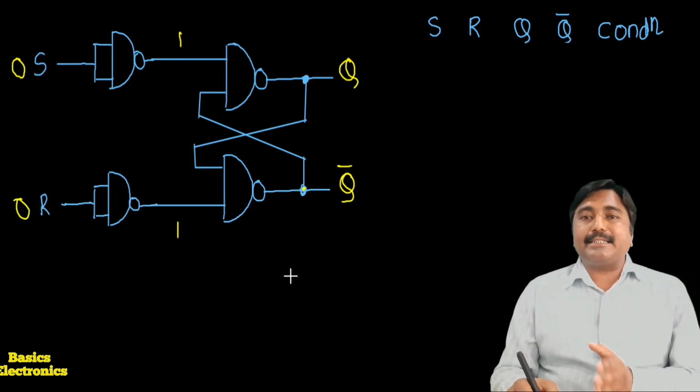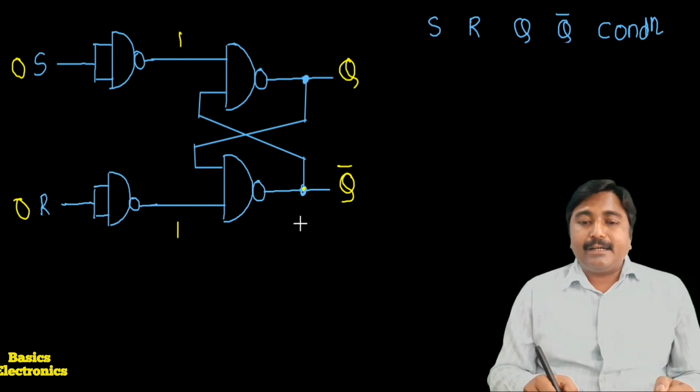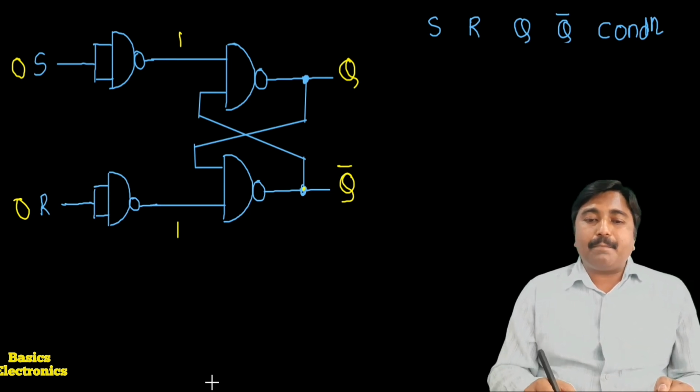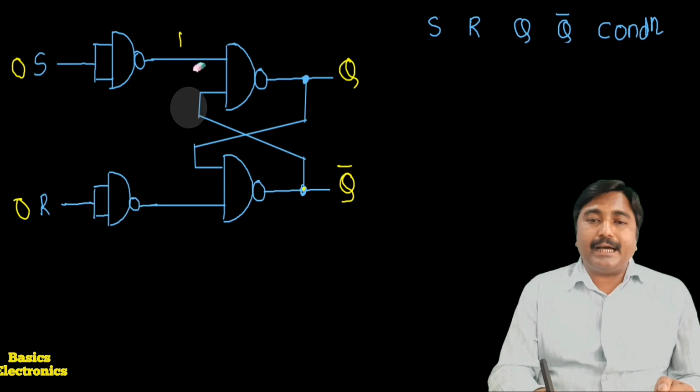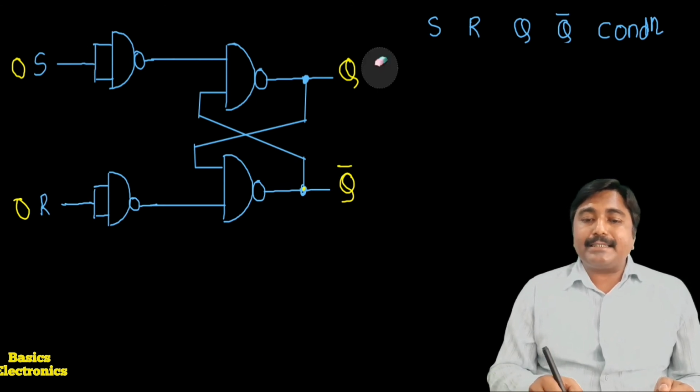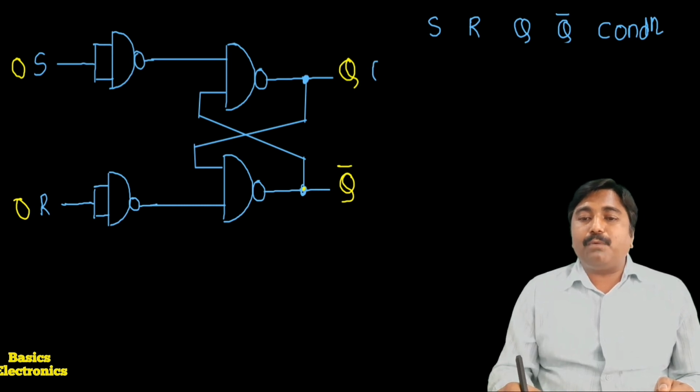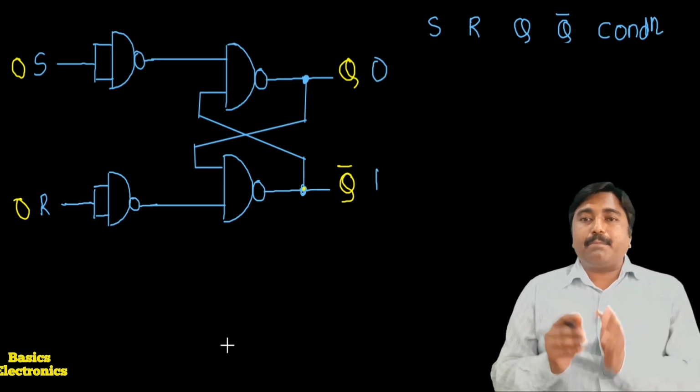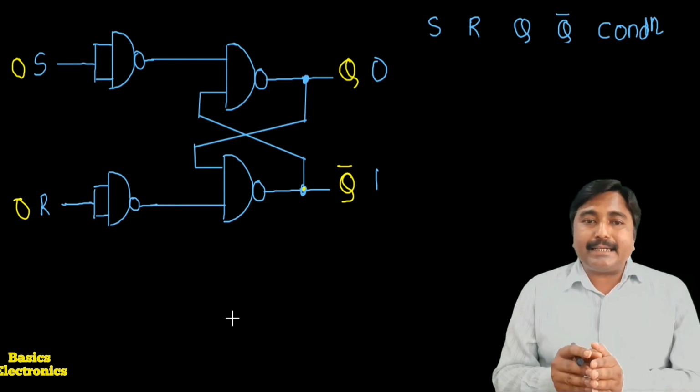But how we get the last state, that we have to see here. Now for an example, suppose before application of any input, S and R, Q is equal to 0 and Q bar is equal to 1, meaning the flip-flop is in the reset condition.